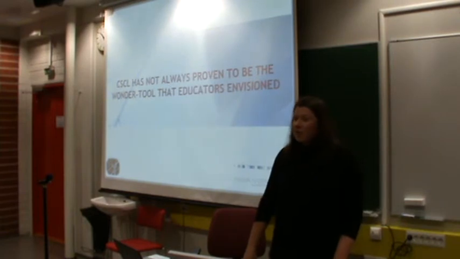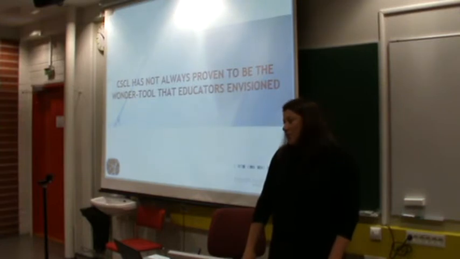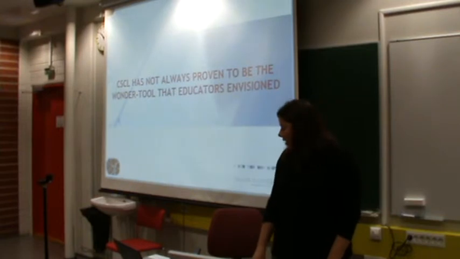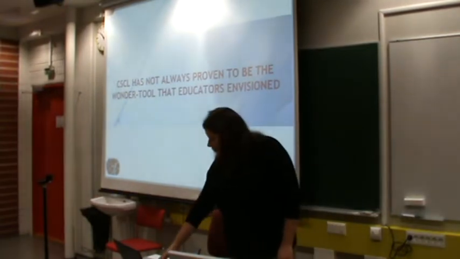So instructors kind of love CSCL, but the problem is that when asking the students to collaborate or learn together, it does not necessarily lead to good learning outcomes. So it has failed to be the wonder tool that instructors expected it to be.